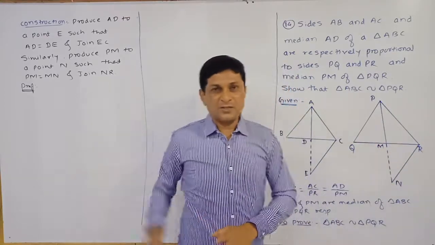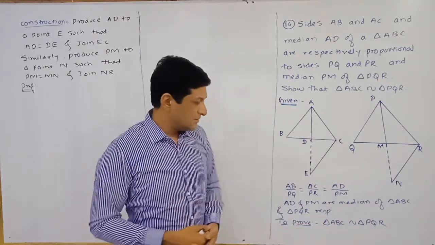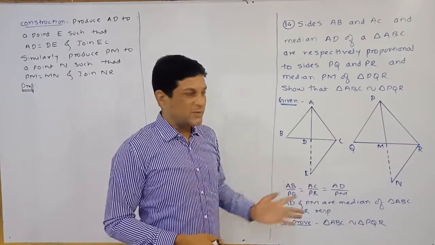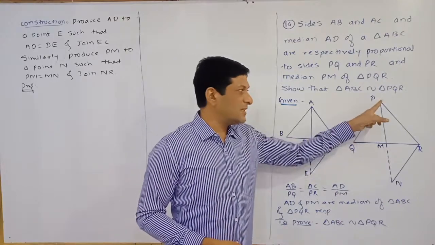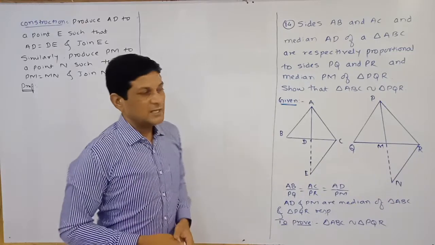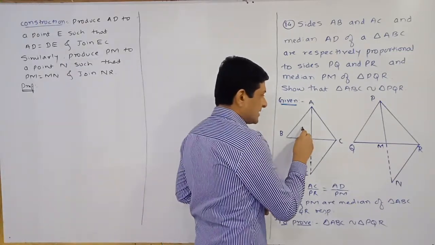Already this construction is written here. Now using this we are trying to show that these two triangles are similar. Already these ratios are equal. It is given that AD is a median, so definitely D is the midpoint of BC. In the same way, PM is the median, so M is the midpoint of QR.